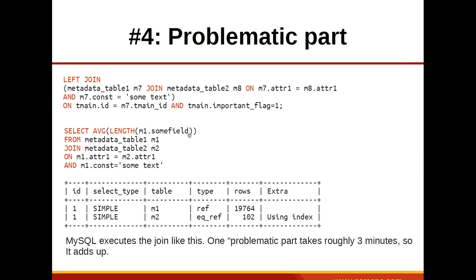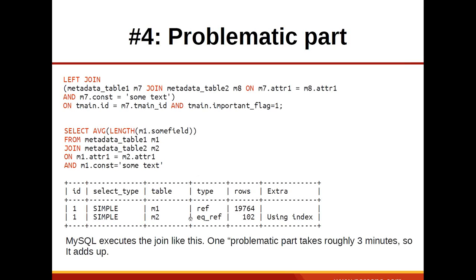It will have to examine all the values in the field which are matching a certain condition. Or you can just do select star and set the pager to md5sum. So we are joining to metadata table 1 and metadata table 2, where a constant in metadata table 1 is some text. Practically this is what is in the parentheses in the left join.